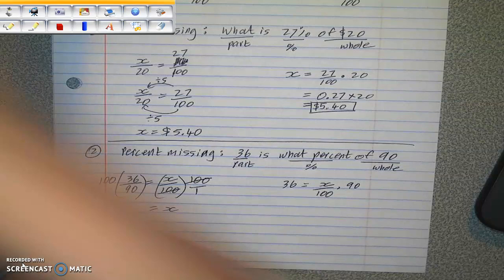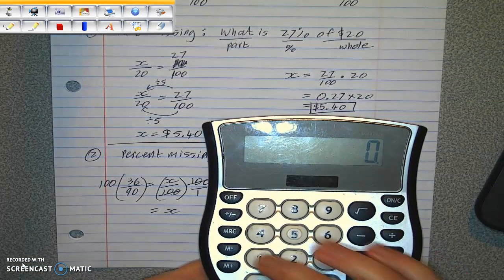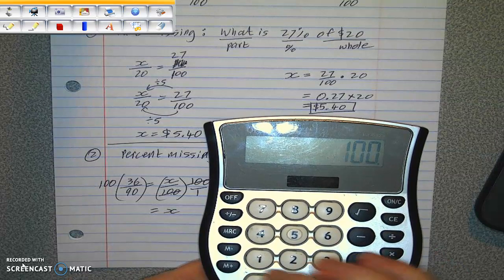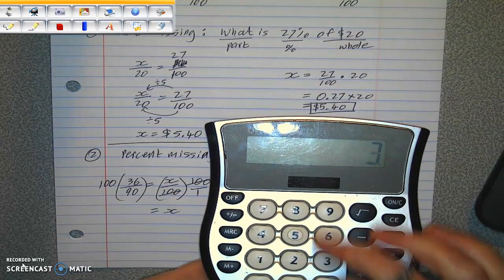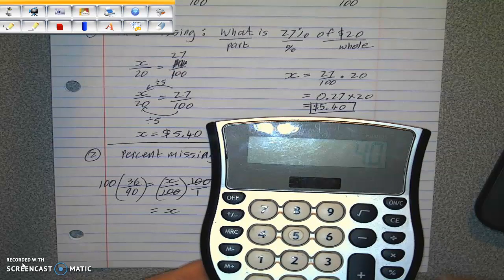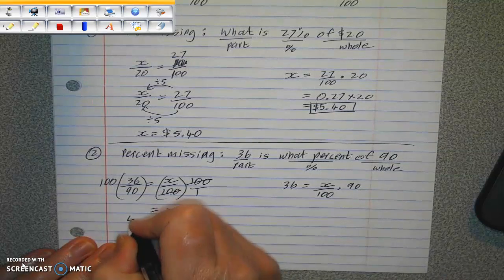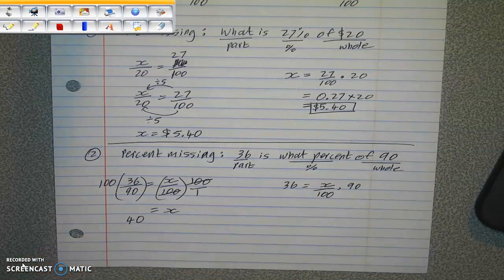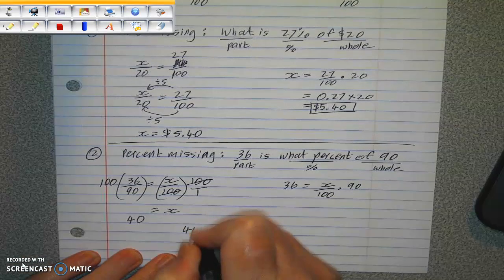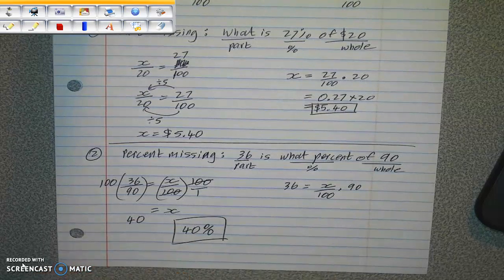And then all we have to do on the calculator is 100 times 36 divided by 90. 40 is the answer. So 36 is 40% of 90. So the answer is 40%. Put that in a box so it's really obvious there.